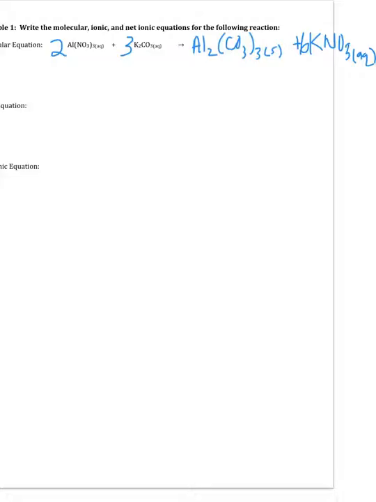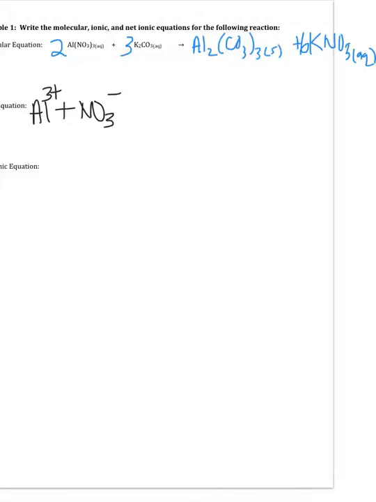So for the aluminum nitrate, we're going to break that apart into aluminum ions and nitrate ions. Don't break apart the polyatomic ions. Remember, those are covalently bonded and they will continue to be bonded together in water. Put in the charges, and then don't forget to balance.